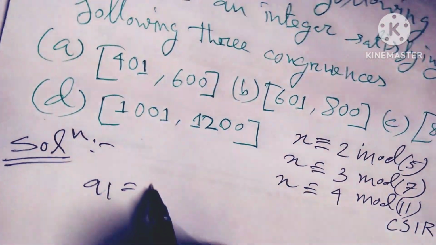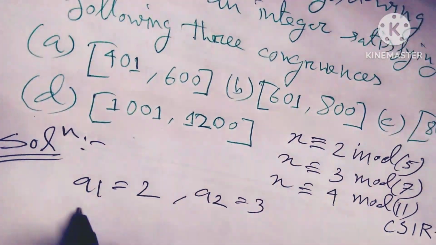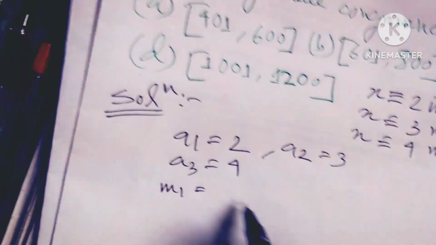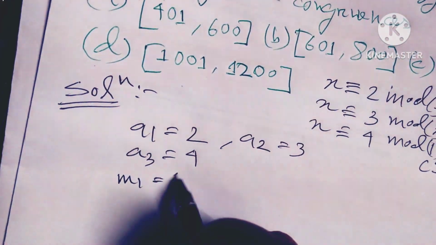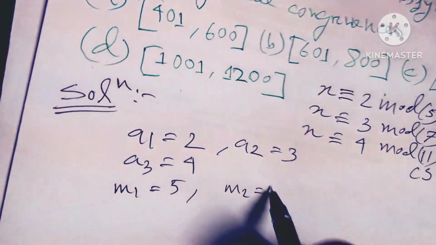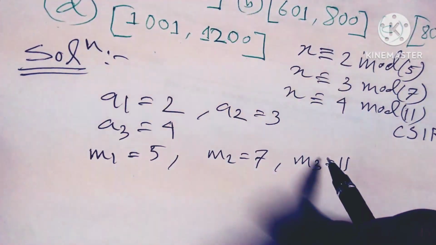a1 equals 2, a2 equals 3, a3 equals 4, m1 equals 5, m2 equals 7, and m3 equals 11.